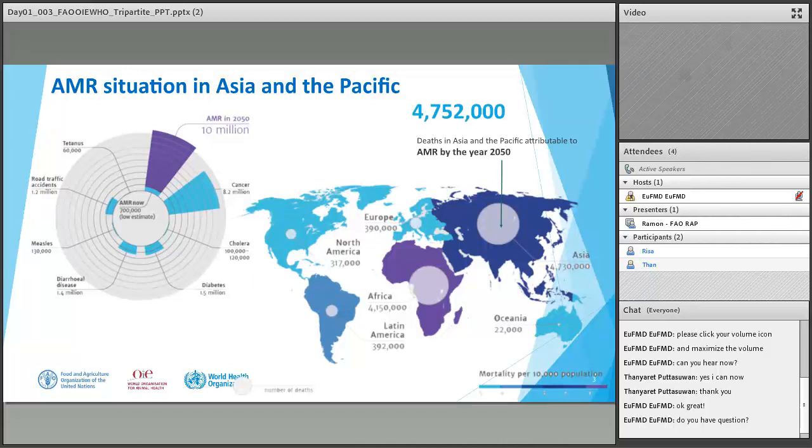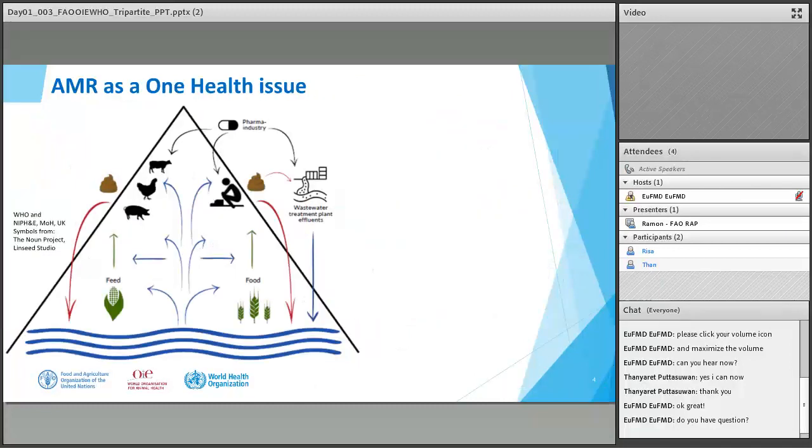Our region, Asia Pacific, will be responsible for half of those deaths. This 10 million is higher than combining deaths from cancer and diabetes. So now is the time we need to tackle AMR-related issues, and you are the future of combating AMR.